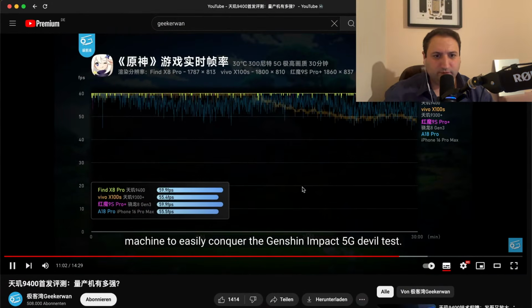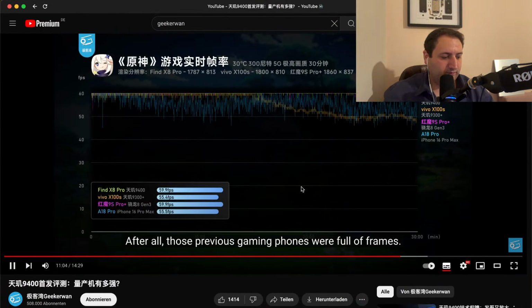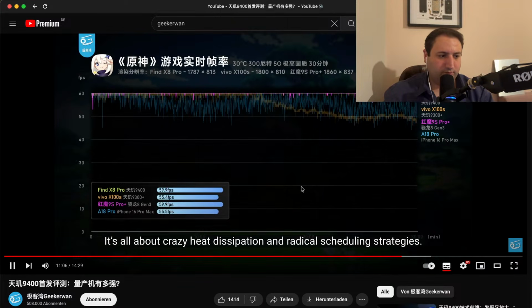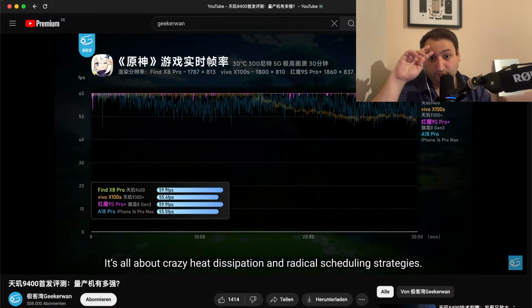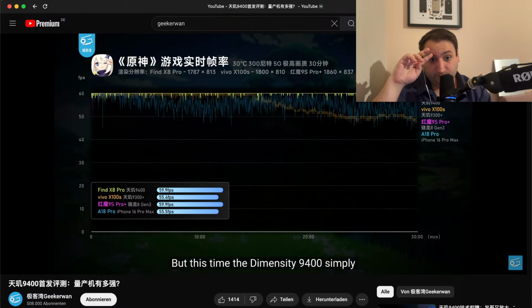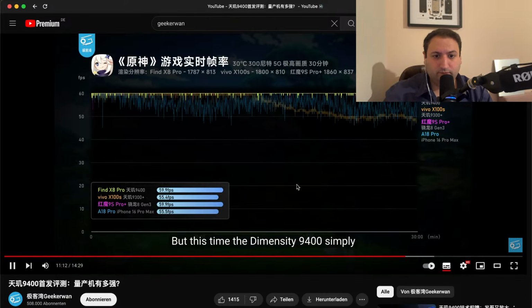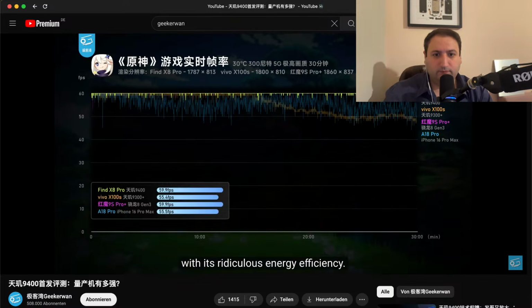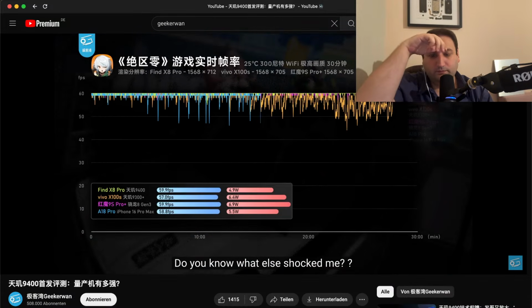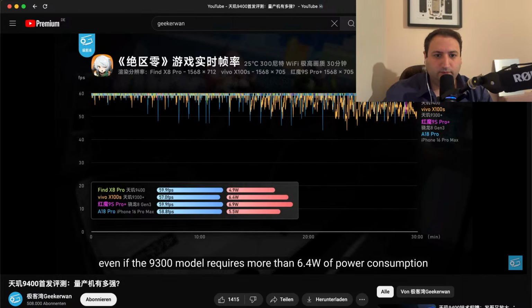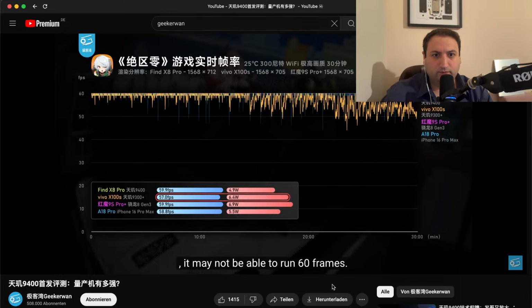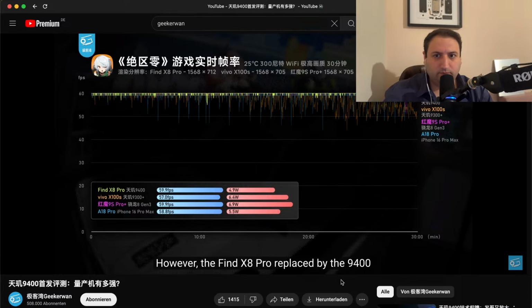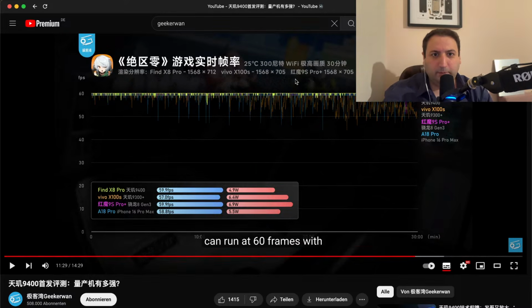征服原神5G 魔鬼测试的机器啊！毕竟之前那些满帧的游戏手机都是狂堆散热加激进的调度策略死扛的，而这一次的天玑9400，那简直就是不费吹灰之力啊！就靠着自己离谱的能效，轻轻松松就把游戏跑了。你知道还有让我震惊的是什么吗？绝区零的测试啊！ 在9300的机器上，需要跑到6.4瓦以上的功耗，都不见得能跑60帧啊。而换了9400的 Find X8 Pro，look at the resolution difference, by the way, guys.